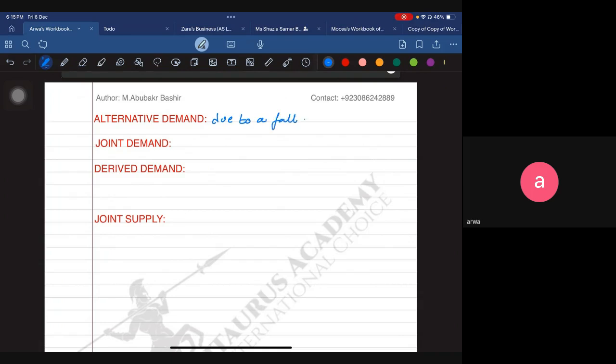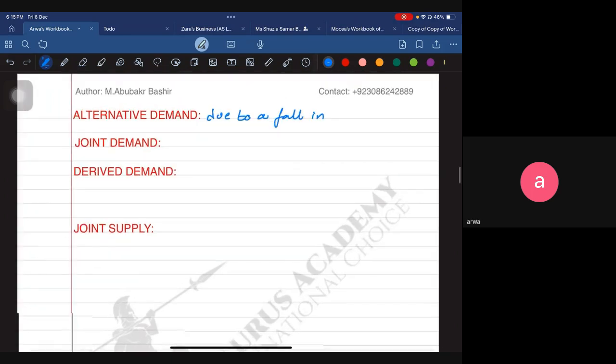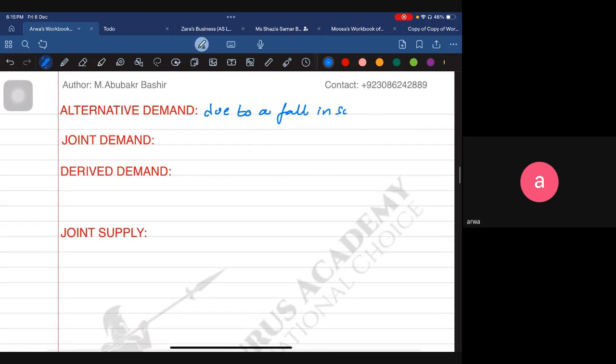So alternative demand is due to a fall in supply, a rise in price of one product, which increases demand for another.